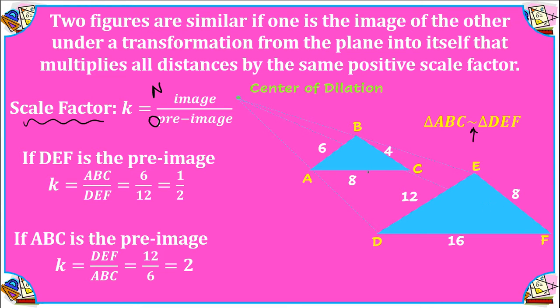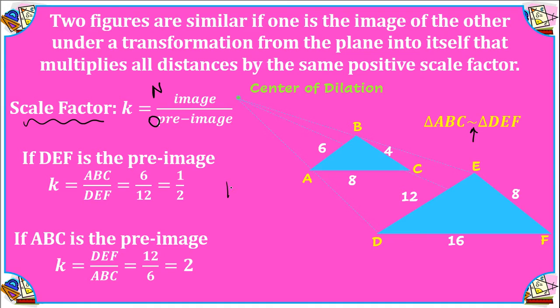So to find the scale factor, it depends on which triangle is the pre-image. So let's say that DEF, this large triangle, is the pre-image, and we are shrinking it to create triangle ABC.